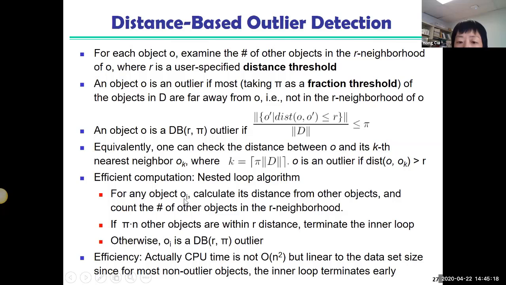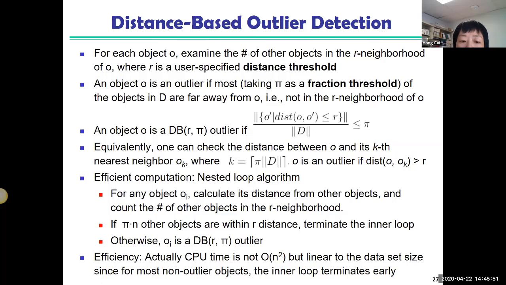For any object O, we calculate its distance from other objects. We count until the closest R neighborhood is reached. We count how many objects we found. If pi times n other objects are within R distance, then this inner loop is terminated and the object O is not an outlier.